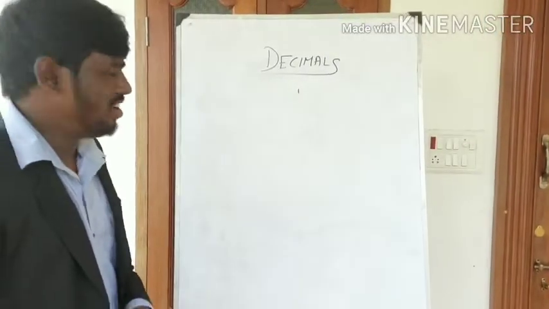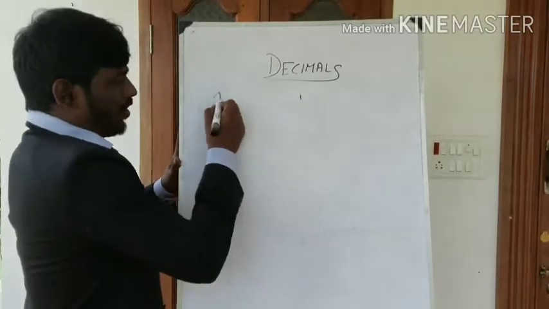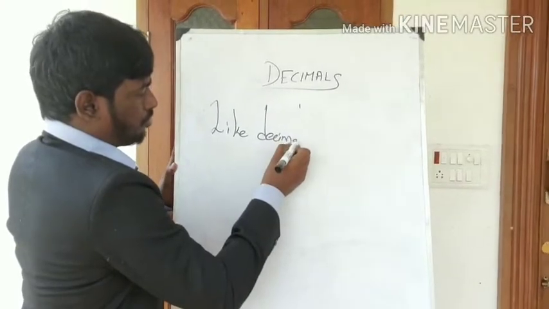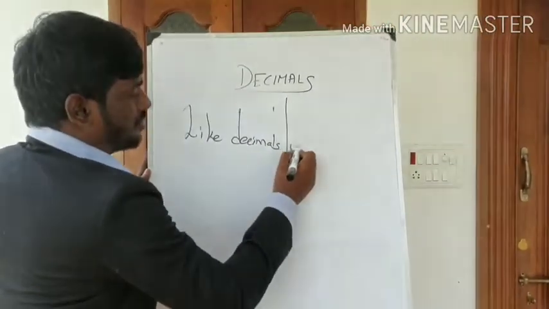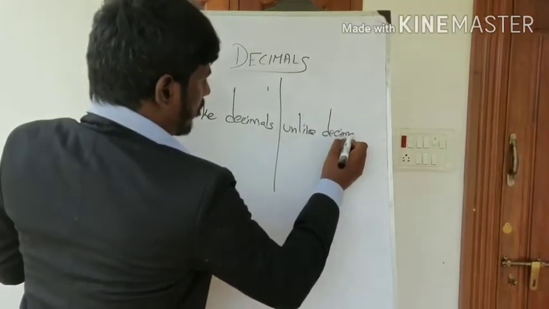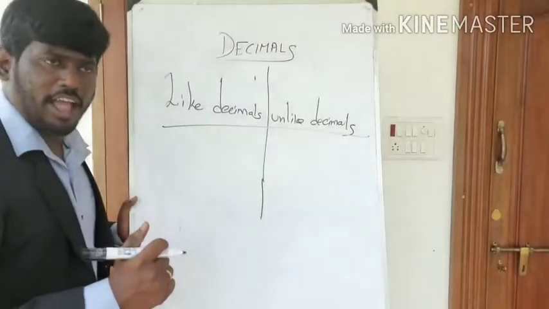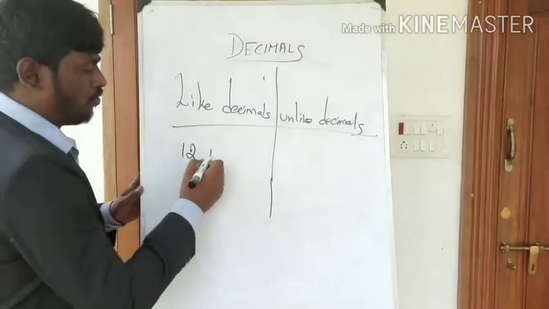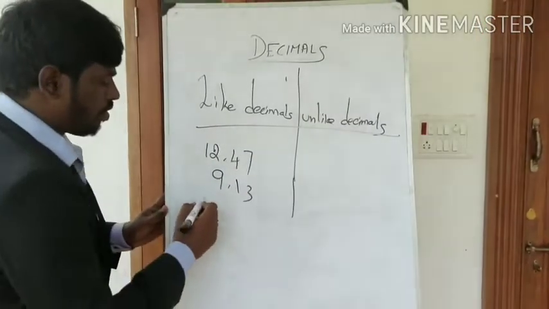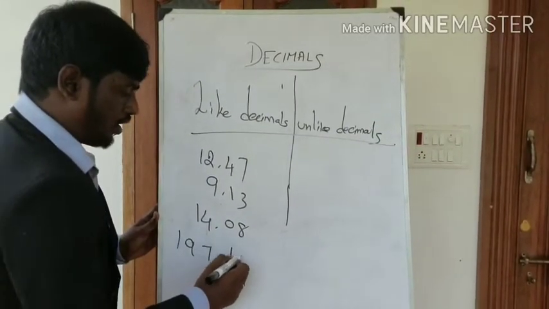So next I am going to teach that there are two types of decimals: like decimals and unlike decimals. Like decimals are very easy. Take any decimal numbers: 12.47, 9.13, 14.08, 197.19.